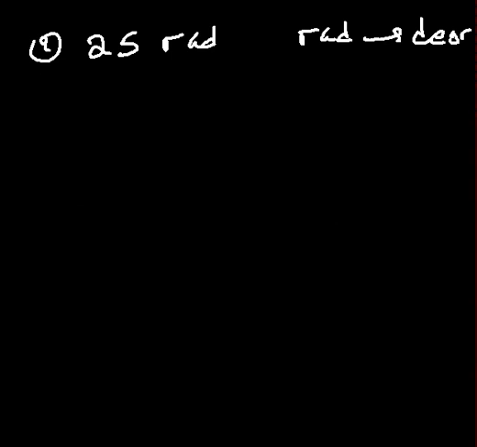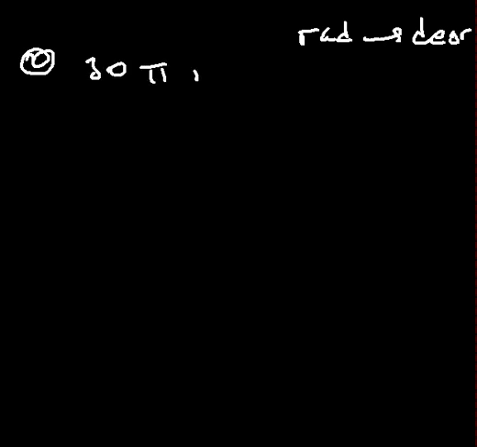How about, let's say, if we have 30 pi rad? How do you think you can have this in degrees? In this case, the principle remains the same. We should understand that 1 pi rad is the same as 180 degrees. How about 30 pi rad?